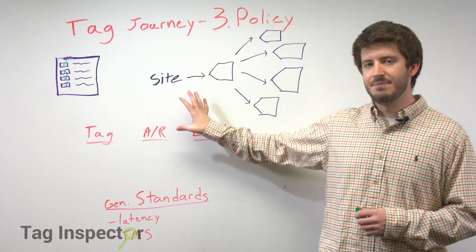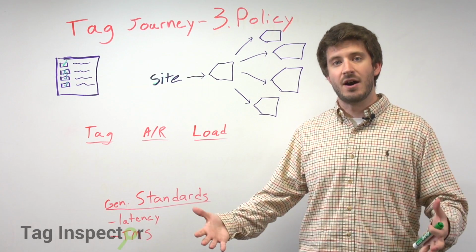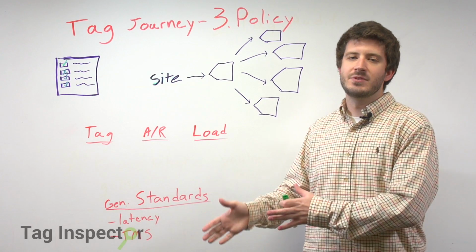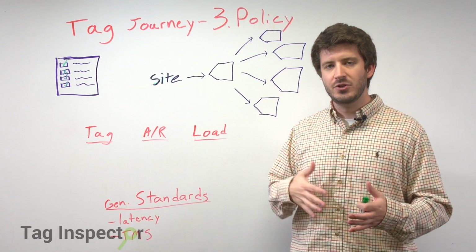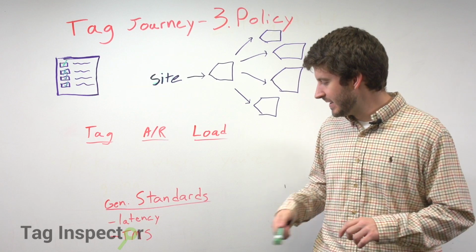We want this policy that we're defining initially based upon what's there now and the learnings we're taking from the audit, but we want this to be able to be carried forward and applied to any new tag or any new technology that we're potentially going to be putting on the website.